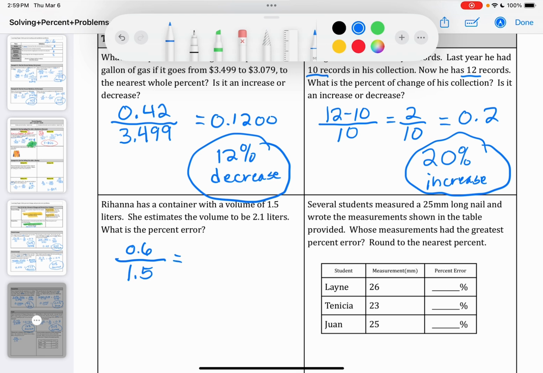So 0.6 divided by 1.5, I got 0.4. So that would be 40% error. That's kind of a big error.